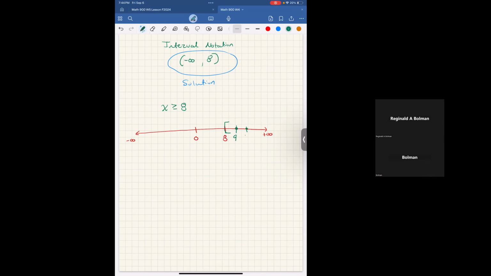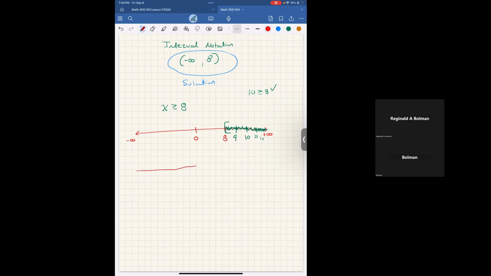X could also be the number 10, because 10 would be greater than or equal to 8. X could be 11, 12, and so on, all the way up to positive infinity. And so we represent this idea by shading everything towards positive infinity, but having a bracket at 8.